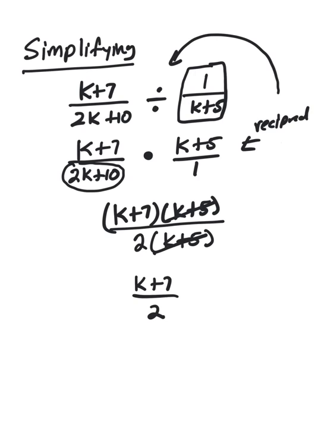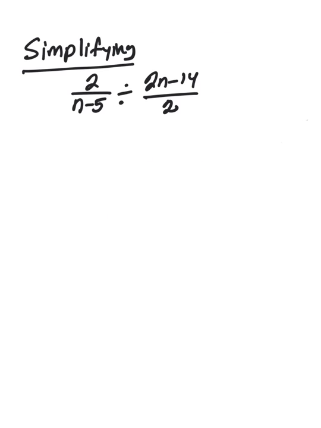Once again, we're dividing fractions. Rationals here, we have 2 over n minus 5. Remember what I said about when you're dividing, you have to give me the reciprocal. So we have 2 over 2n minus 14. Since we have 2n minus 14, they have a common factor.